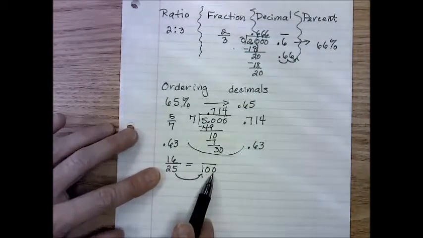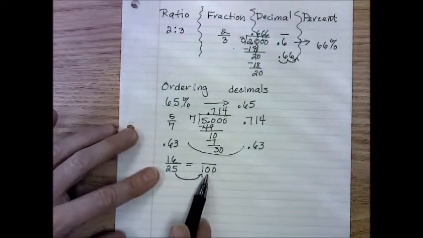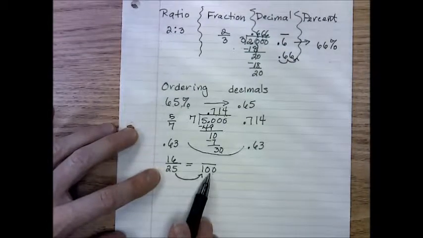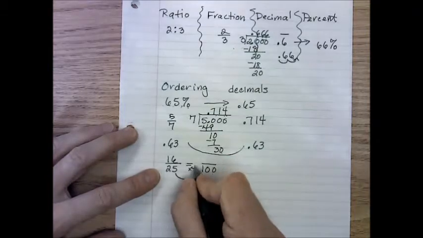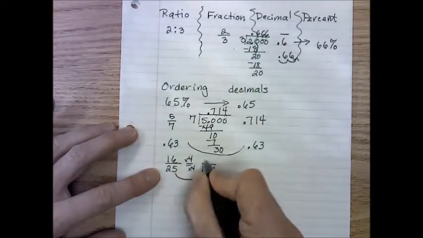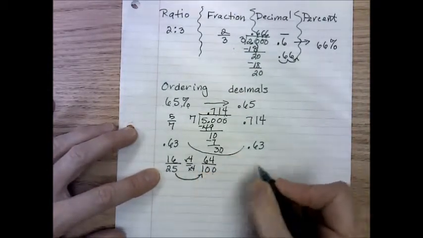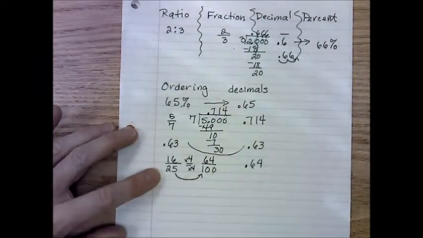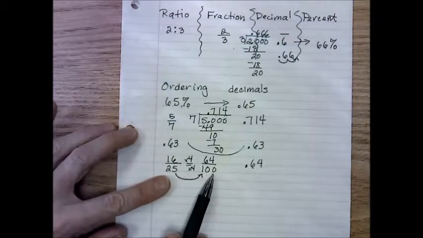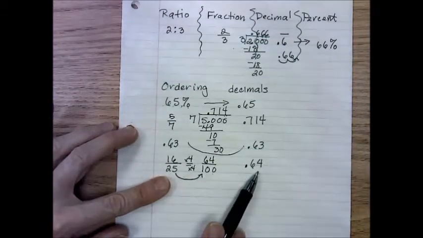We know that decimals and percents are based on tenths and hundredths. So if I change this to 100, we did 25 times 4. So if we do 16 times 4, that's going to be 64 out of 100. And we know that that's automatically 0.64. So just another way to convert some of your fractions to decimals.